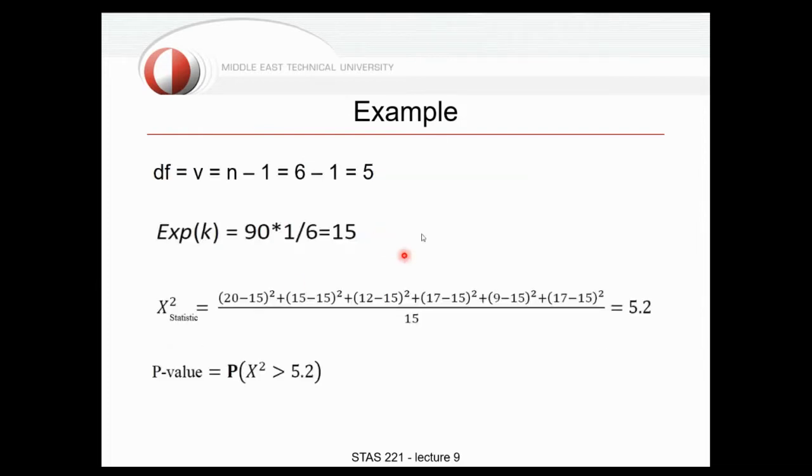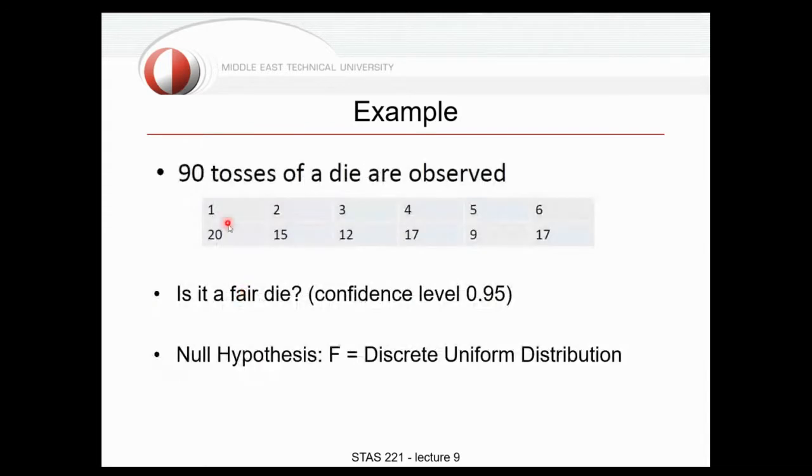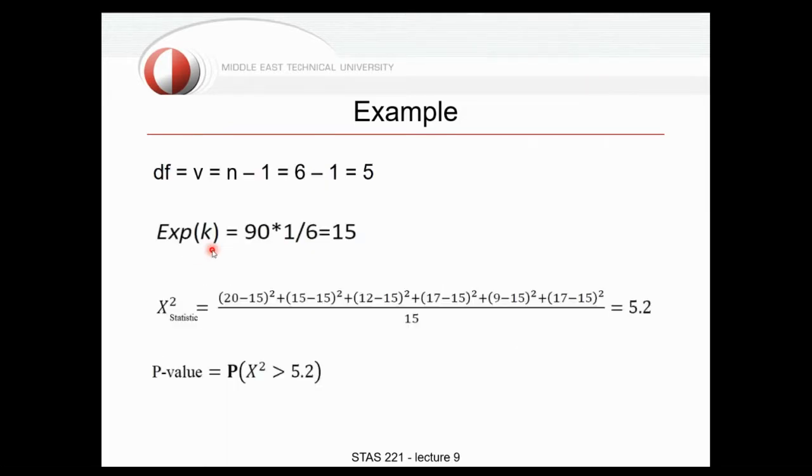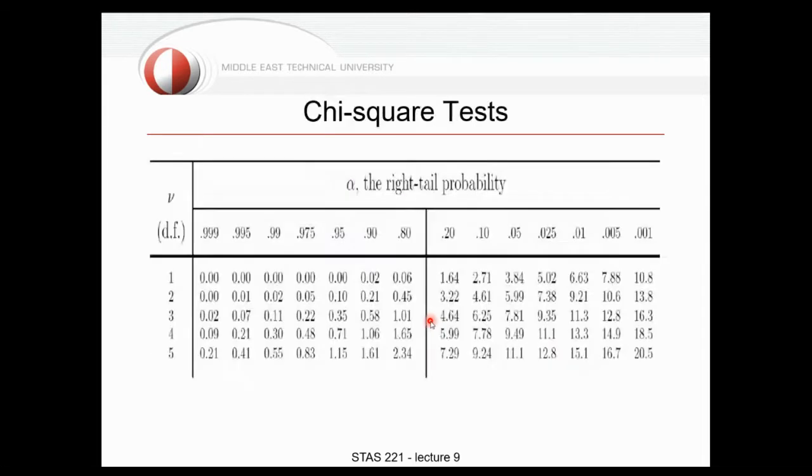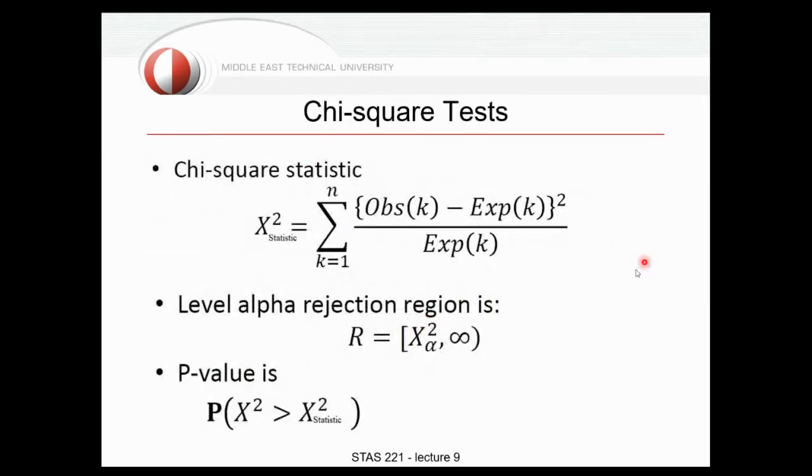So based on the formula, one by one, you can calculate it. For the first observation, the first segment, when I say segment or category, this is what I mean. The first segment has 20, so 20 minus 15. All the expected values are the same number, 15 everywhere. And you divide by this number because this is exactly what we mentioned inside this formula.